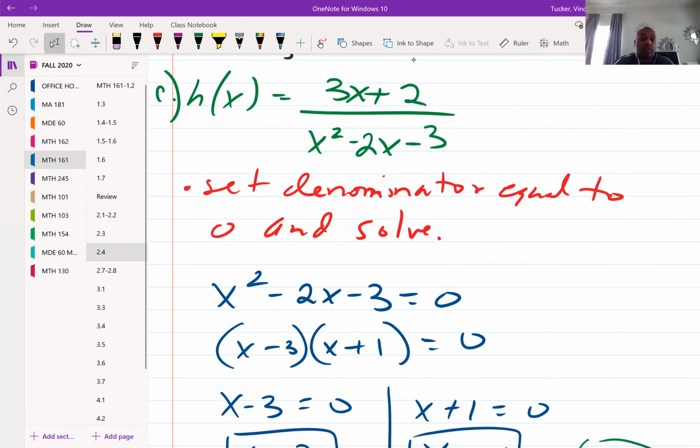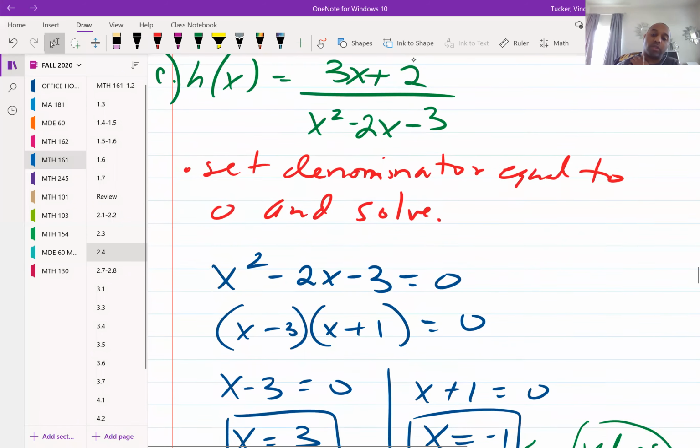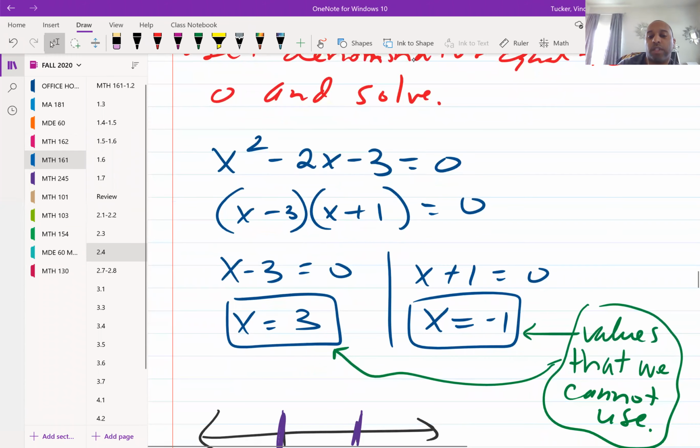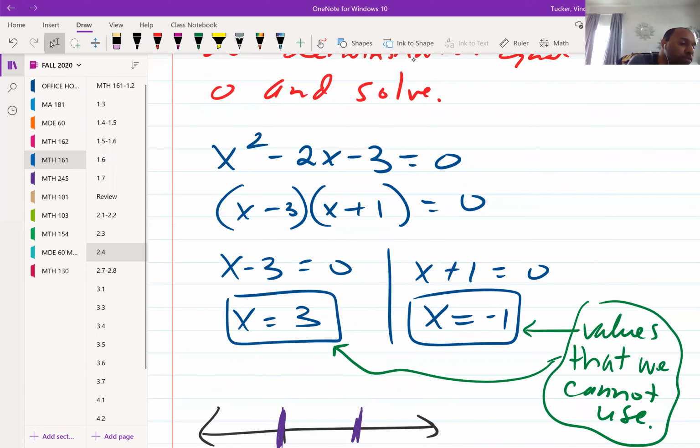So set x squared minus 2x minus 3 equal to 0, and solve. x minus 3, x plus 1 is a factorization. Set each piece equal to 0. You get x equal to 3 and x equal to negative 1. And once again, those are the values that you cannot use. That's when your denominator is equal to 0.